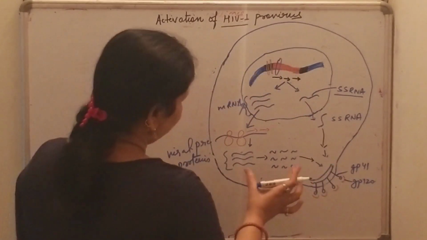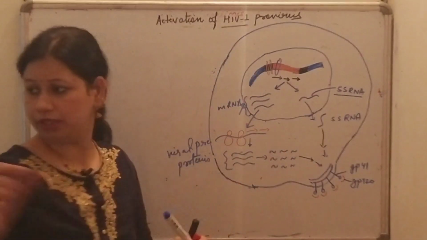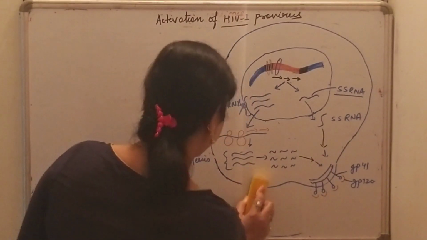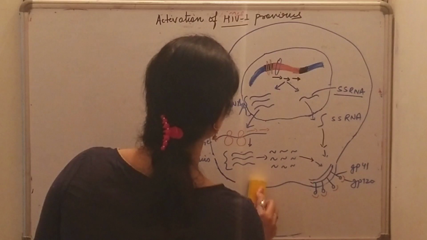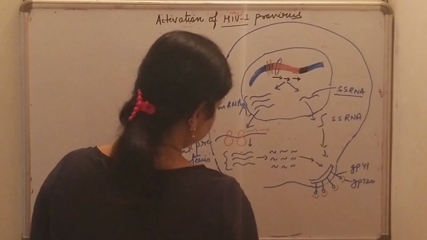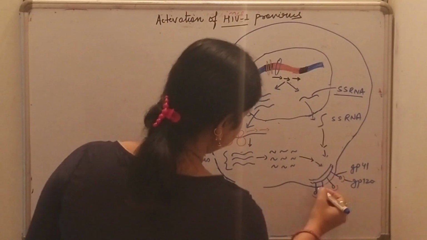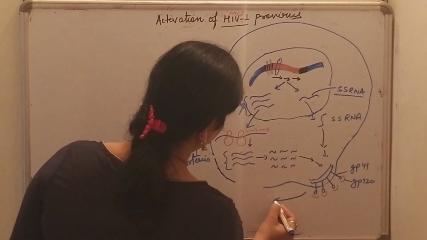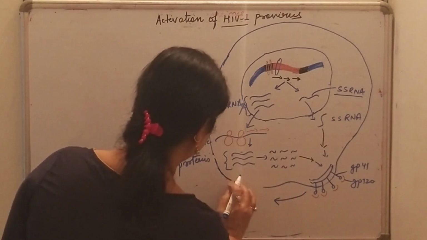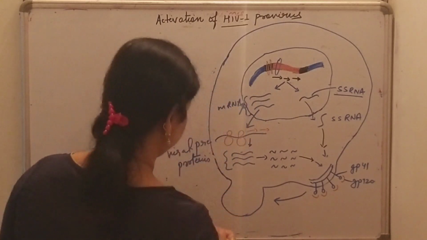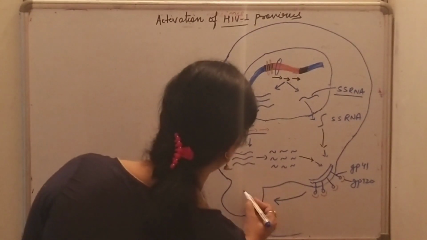And after that what happens here? The membrane buds out. Here you can see this membrane buds out, forming the viral envelope, like this.